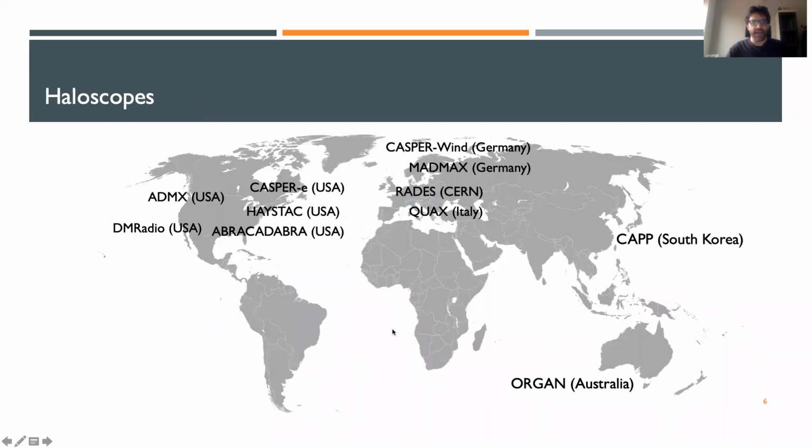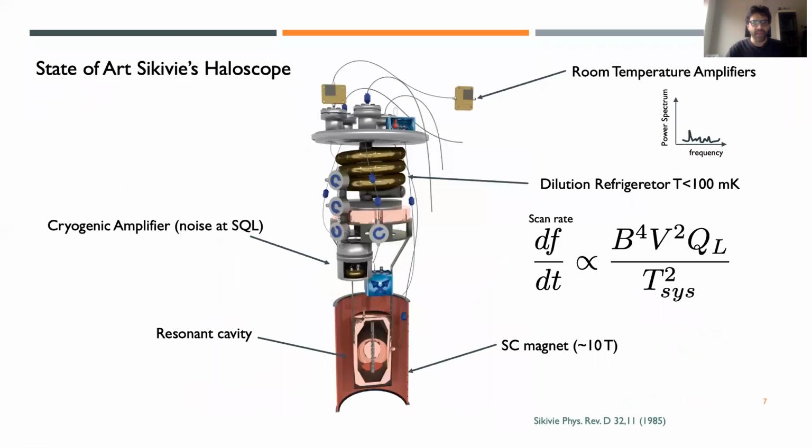So there are many haloscopes around the world, in the USA, in Europe. There is a larger center in South Korea and another one in Australia. And this is a cartoon of a typical, let's say state-of-the-art, haloscope. It's a kind of radio frequency and cryogenic antenna for dark matter, where you have a strong magnet, usually a 10 Tesla magnet, and inside it there is a resonant cavity resonating at gigahertz frequencies.